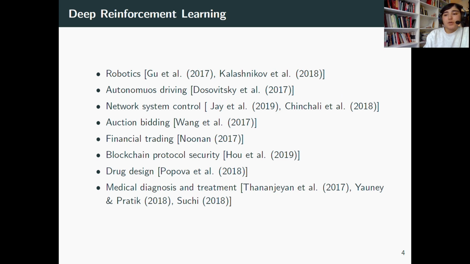And as we all know, deep neural networks have been applied to do this approximation, and deep reinforcement learning has been applied in many domains, from autonomous driving, financial trading, and drug design. But there are still some concerns related to the robustness and the resilience of the deep neural policies. And we will be talking about that part today.